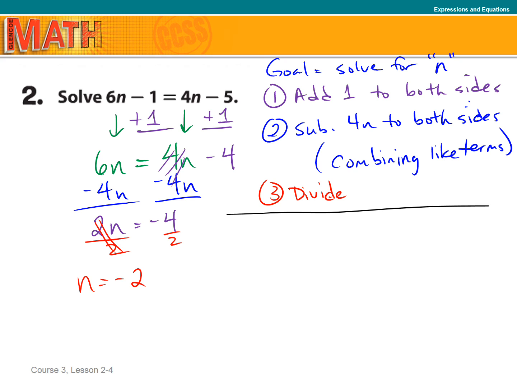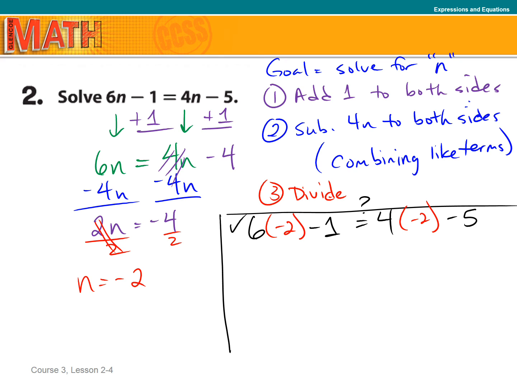Looks good, but let's check it. I'm going to go back to my original equation, but instead of the n, I'm going to replace it with negative 2. So 6 times negative 2 minus 1. Does that equal 4 times negative 2 minus 5? Let's simplify this. 6 times negative 2 is negative 12, minus 1.